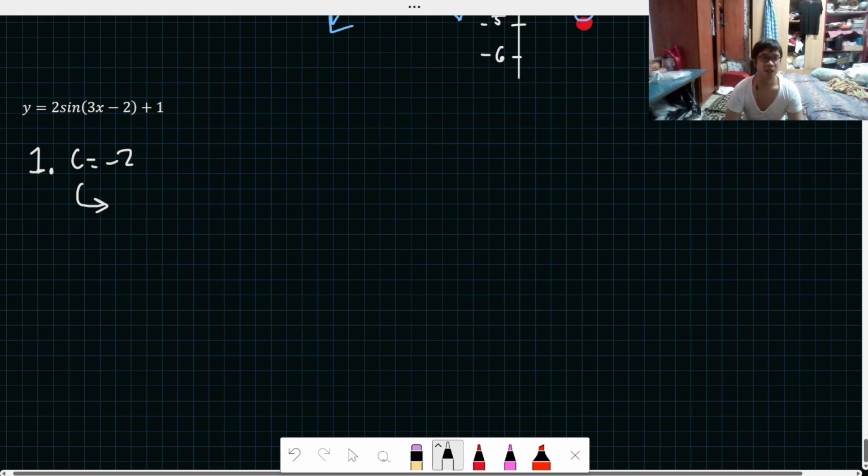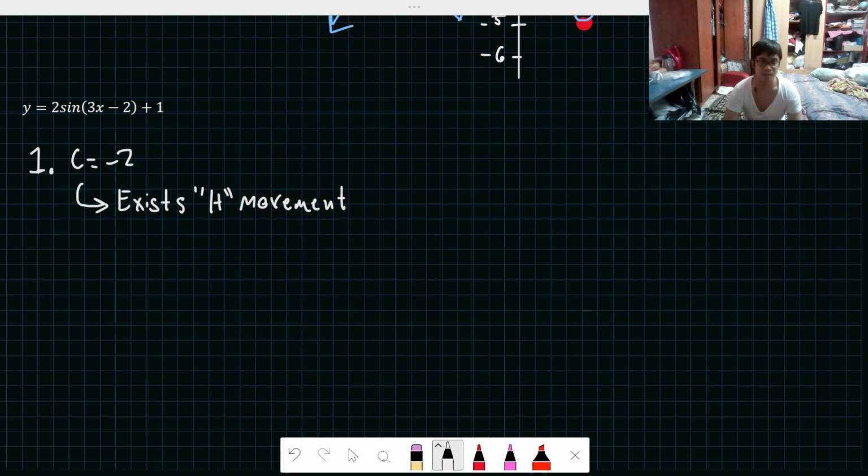It means that there exists a horizontal movement. Now that there is a horizontal movement, is it going to the right or to the left?